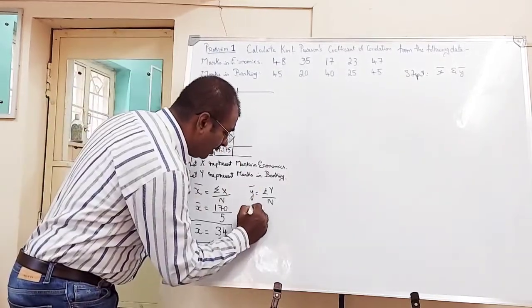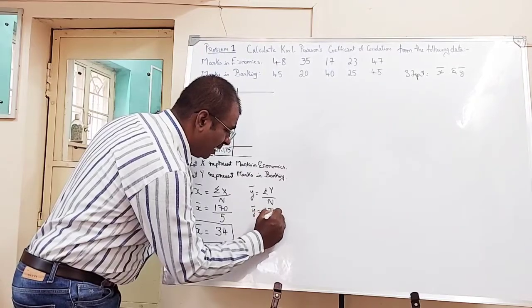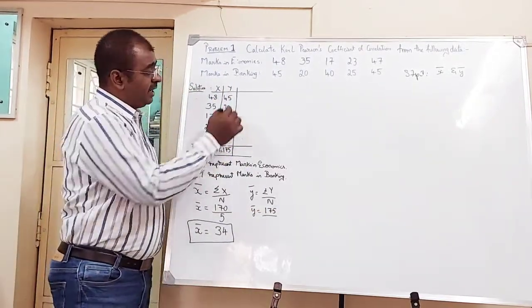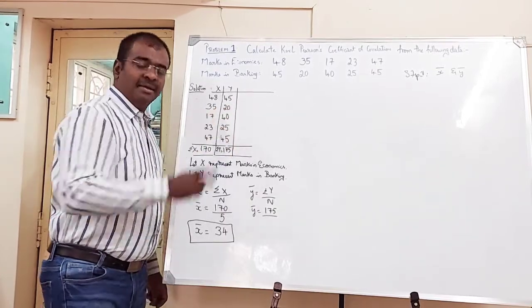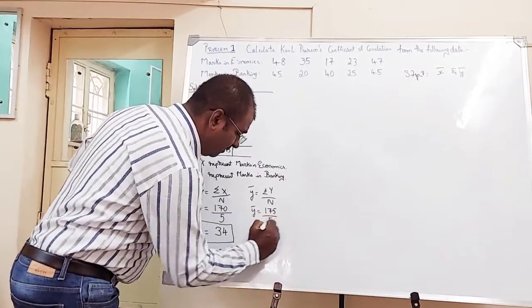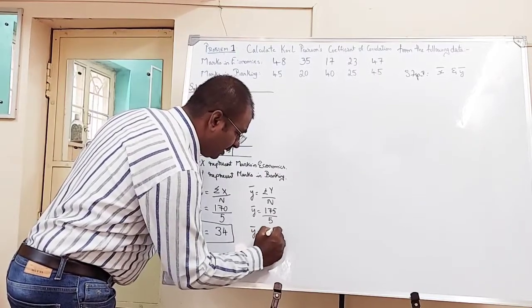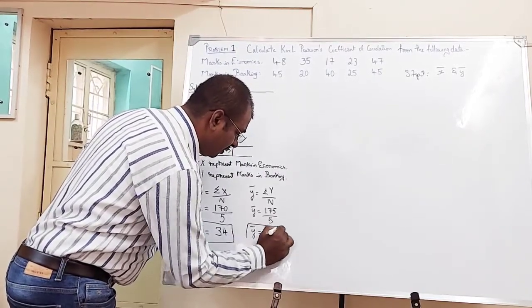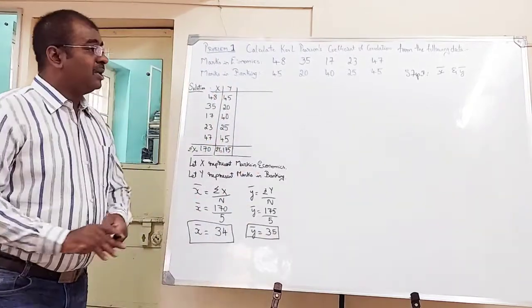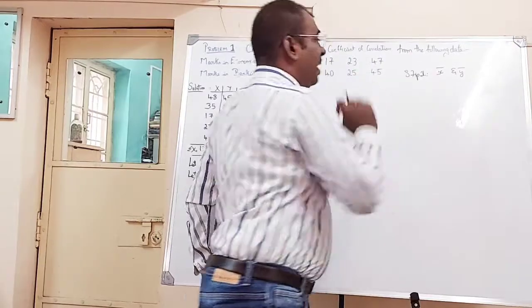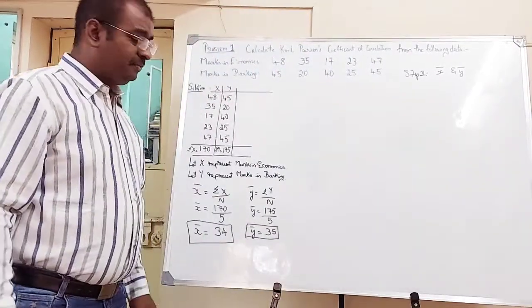So y bar is equal to sigma y, which is 175, divided by n. We have 5 values here again, 1, 2, 3, 4 and 5. 175 divided by 5, y bar is equal to 35. So this was step number 1, dear students, finding out x bar and y bar.